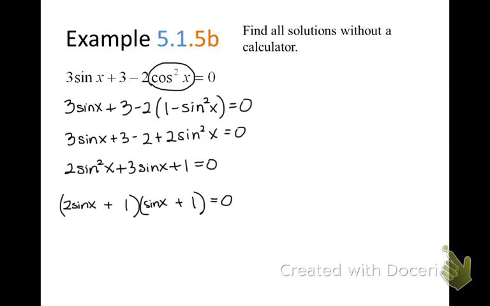So I would set each of these factors equal to 0. The very first factor, if I set it equal to 0 and solve it, I would get sine of x equals negative 1/2, right? First you want to identify which x values in the unit circle give you a negative 1/2. Remember, sine is your y value.